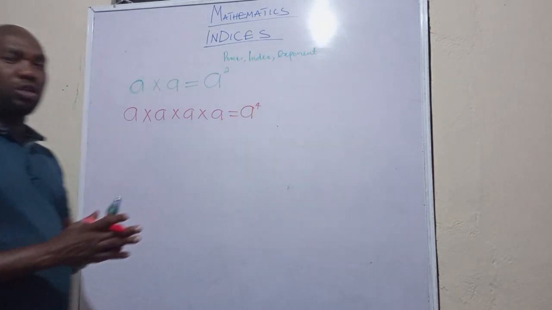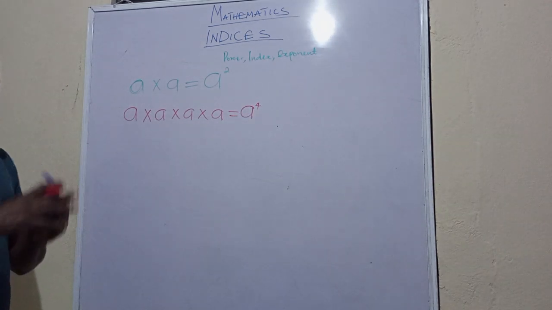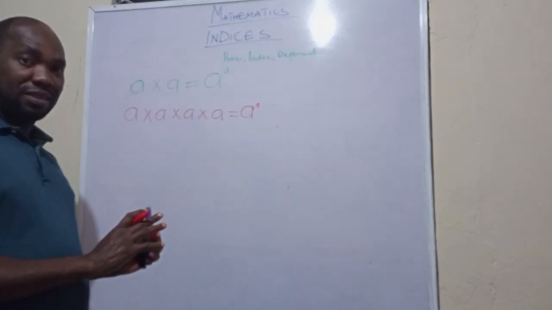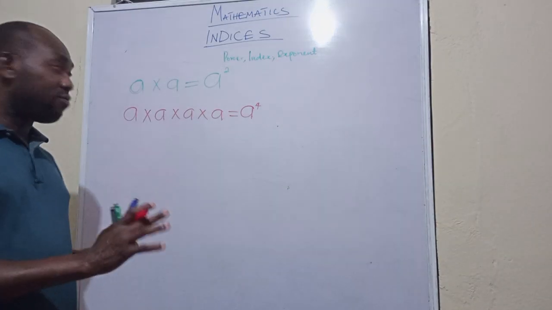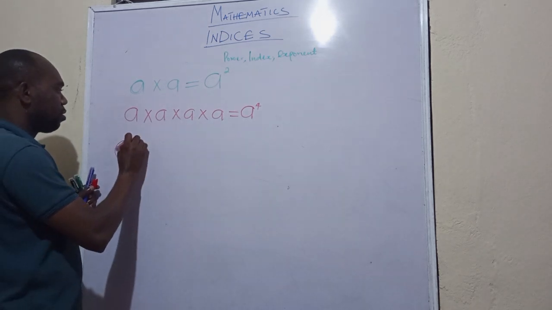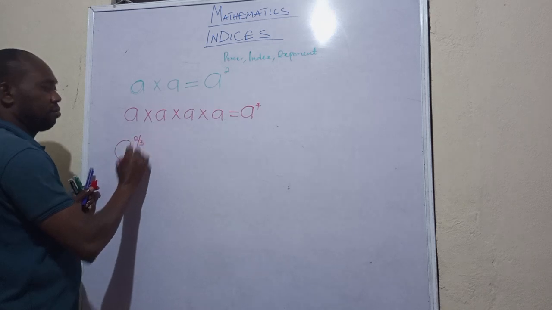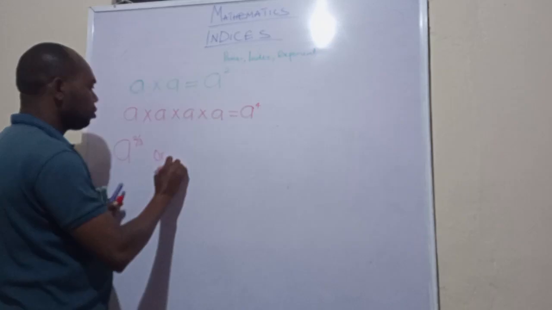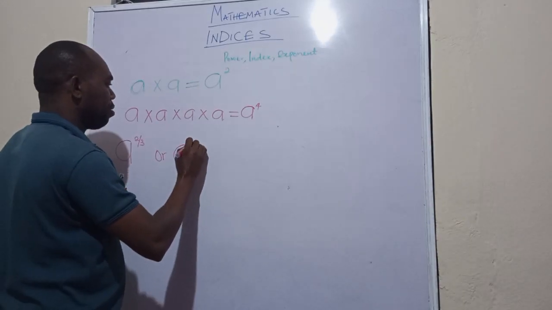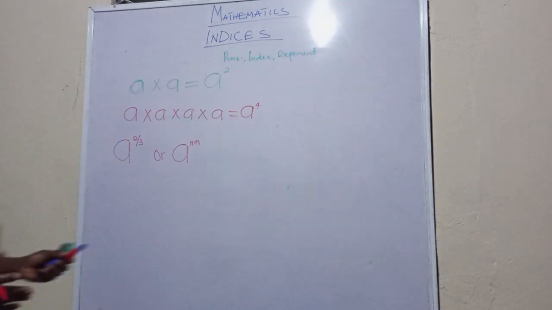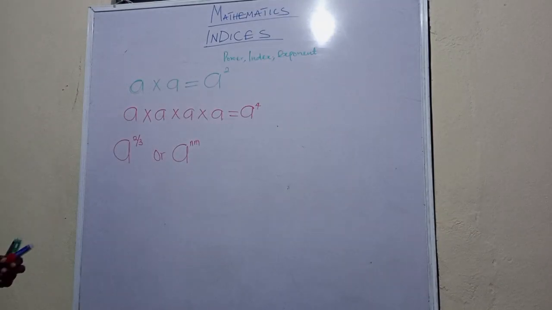But in a situation where we have more than one index in a particular value, for example, A raised to the power of 2 over 3, or A raised to the power of n m, the indices are more than 1.